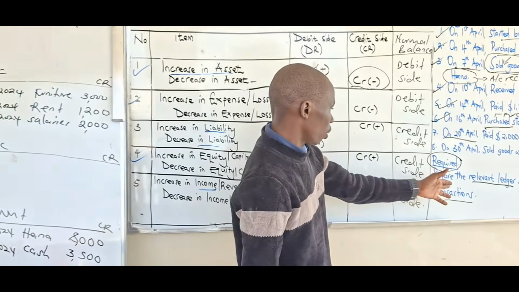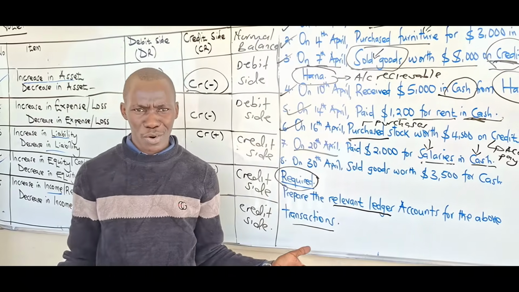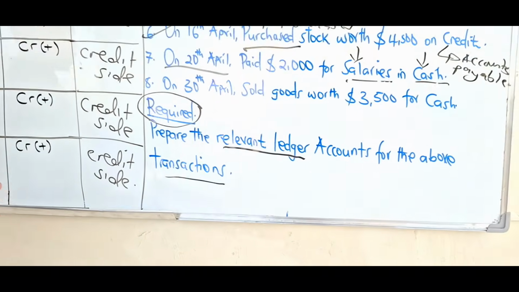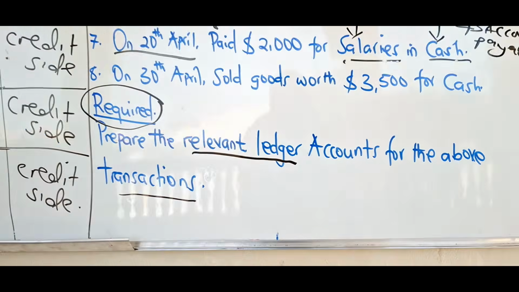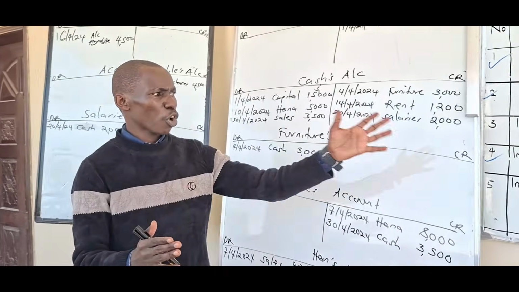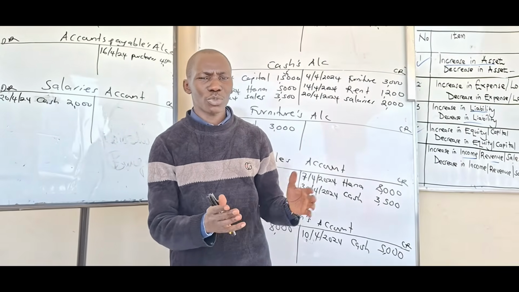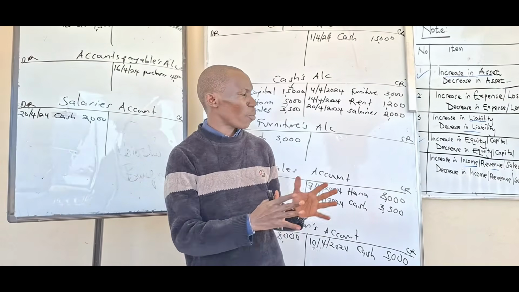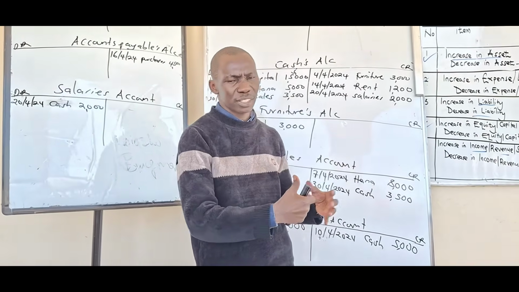We were required to post these transactions to the ledger accounts. This is our first video on posting to the ledger account. The question is, should we stop here? No, I told you accounting is a process. As we started recording books of original entry, now we are posting to ledger accounts. From there, we are going to learn how we can balance these ledger accounts.